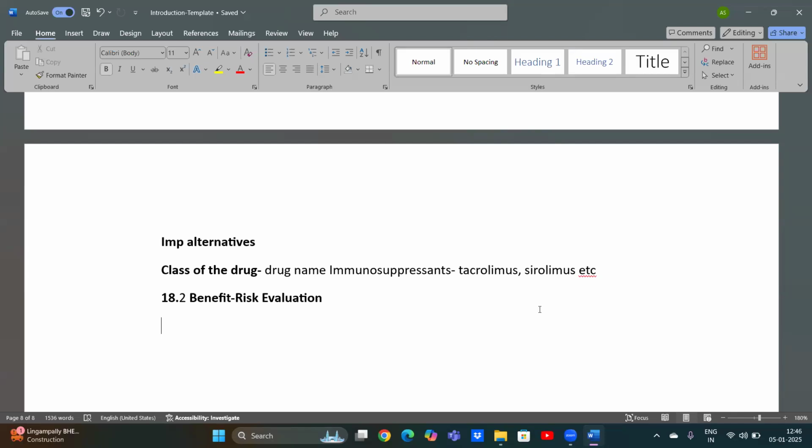In this section, what we present is, first we will provide information about the molecule.